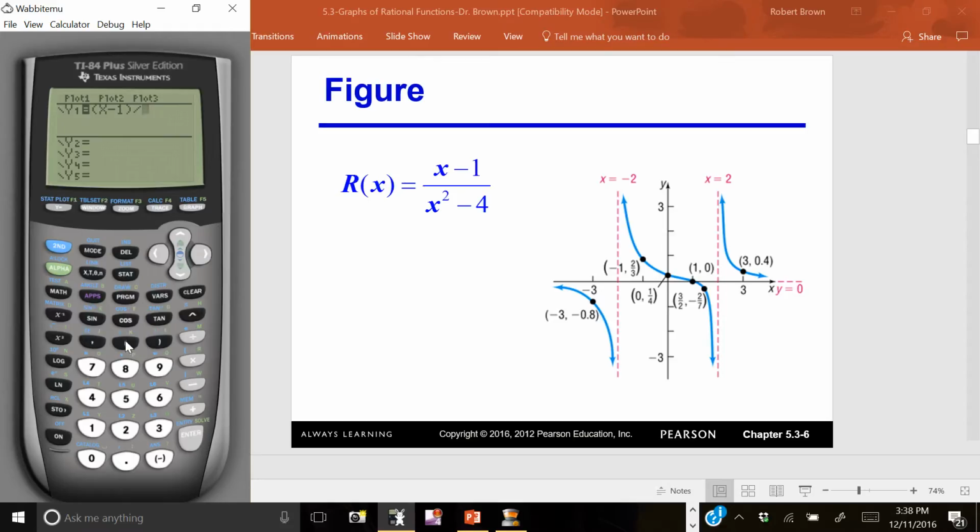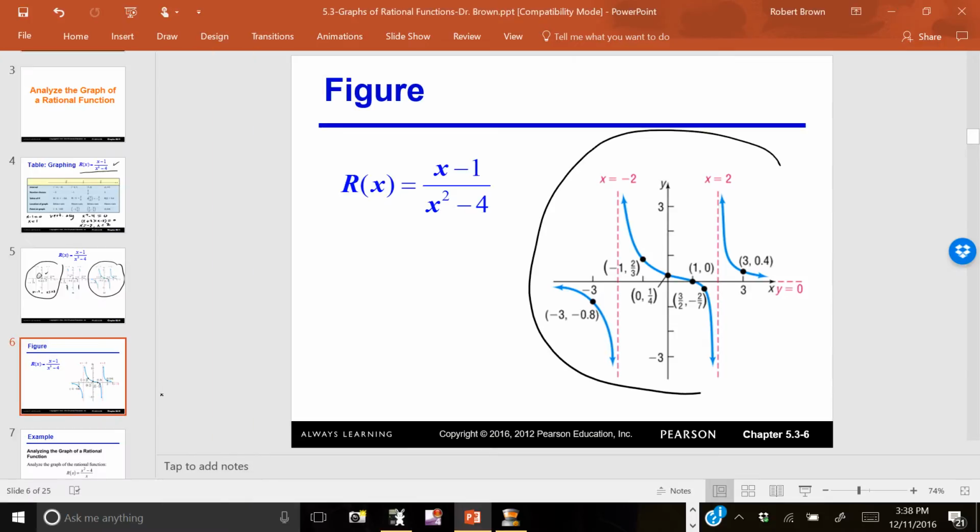Divided by x squared minus 4. And I'm going to go ahead and zoom to the standard window, and then we can zoom in or out as we think we need to. There's a graph. It looks exactly like we have here.